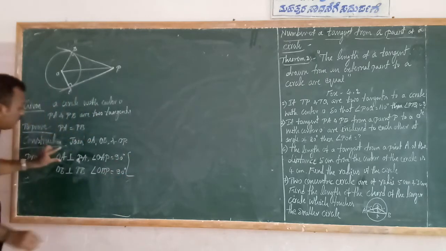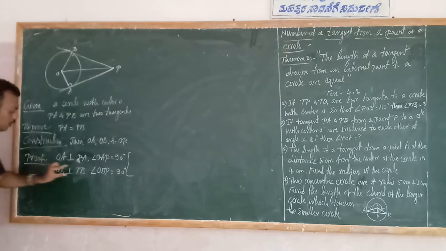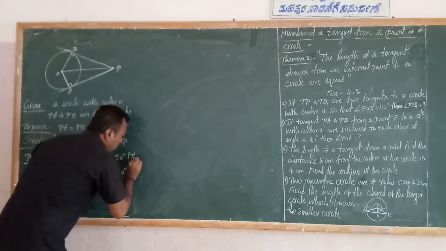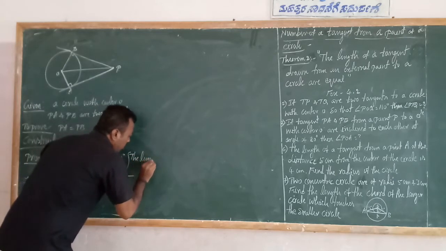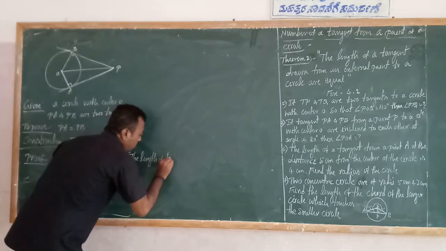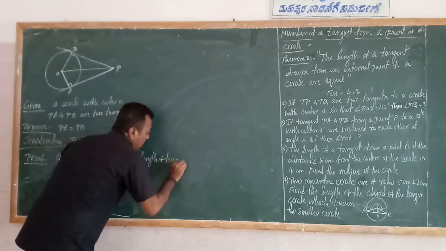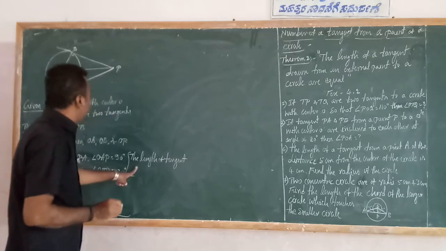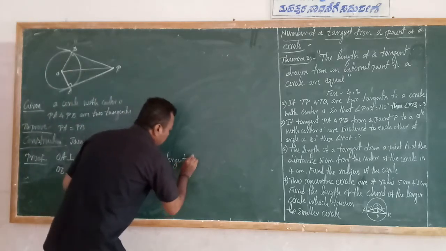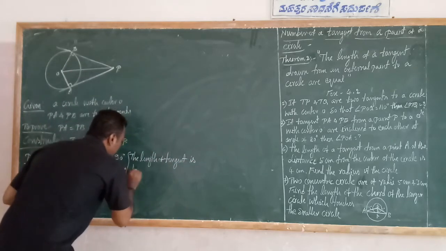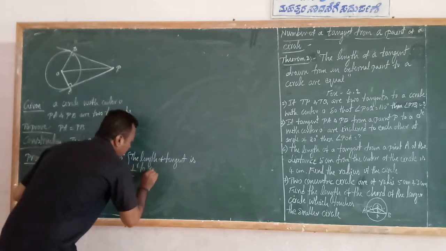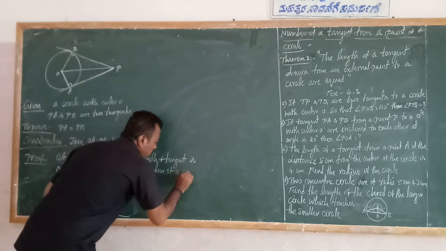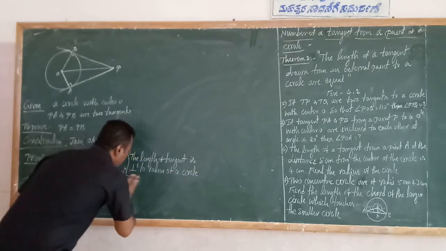How can I write this? Because the tangent is perpendicular to the radius of a circle through the point of contact.